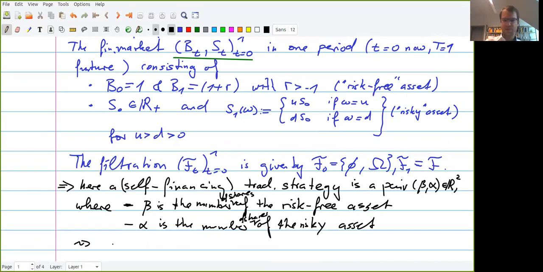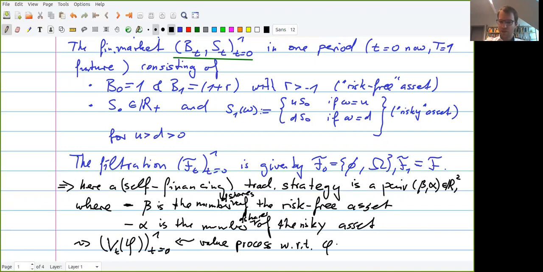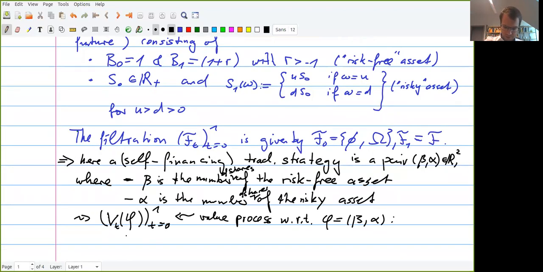And finally, a remark on how simple this setting looks: if I consider the value process, for t from 0 to 1, corresponding to such a simple trading strategy phi, which is as usual given by beta, alpha, we can easily calculate it.